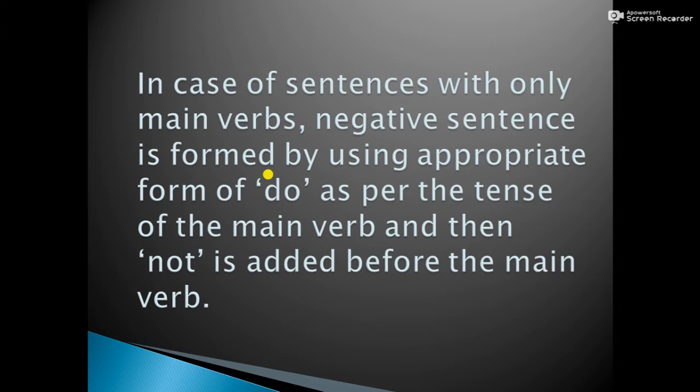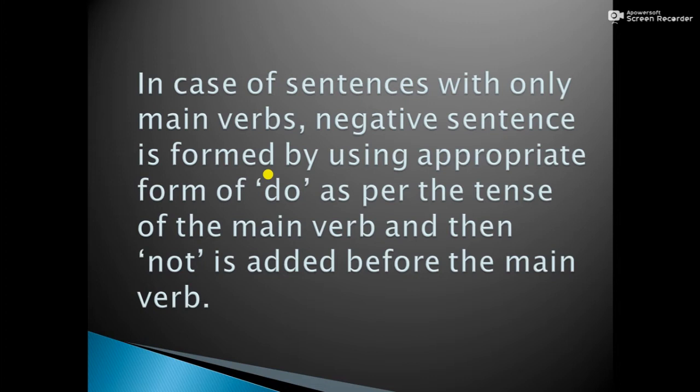Again, we will see the rule. Where there is only a main verb in the sentence, the negative sentence is formed by using the appropriate form of do as per the tense of the main verb.